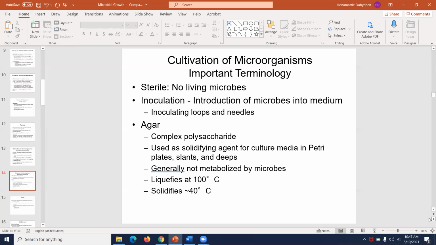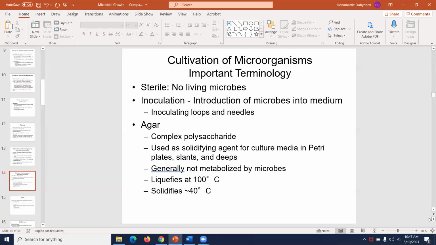Now, if we had made medium with gelatin, for example, gelatin can be used by the organism as a food source. And so before long, no gelatin is in the medium anymore and it becomes liquid. Now, suffice to say that agar works like gelatin, but it is not gelatin. It behaves like gelatin.